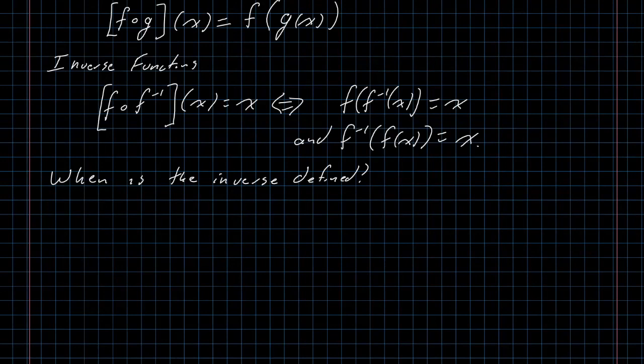And when we talk about inverse functions, the question of when and where the inverse is defined, how do you know that the inverse will be defined, is always an interesting question.